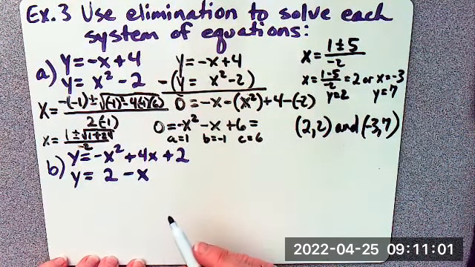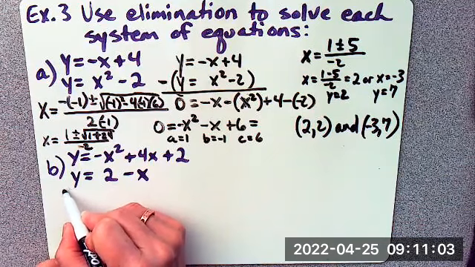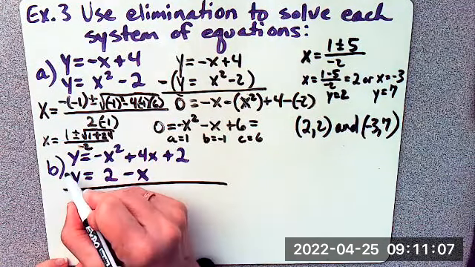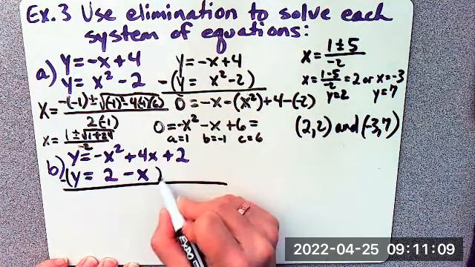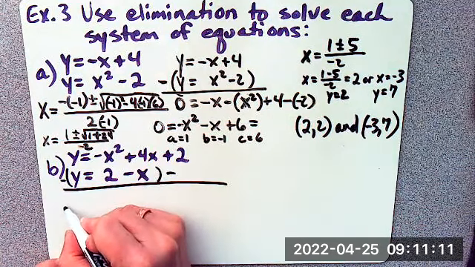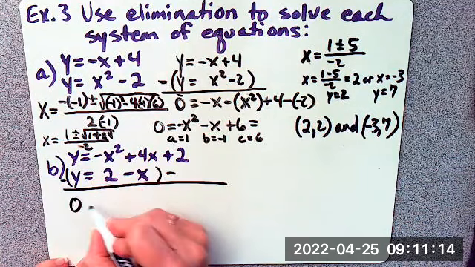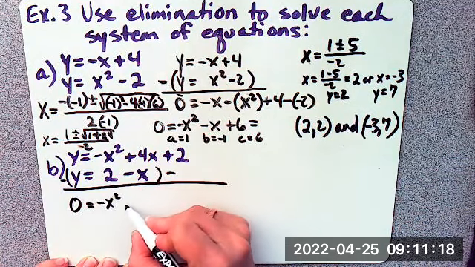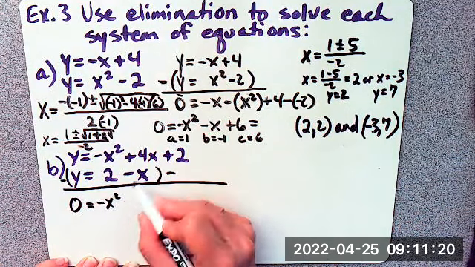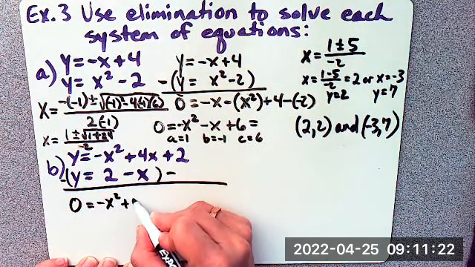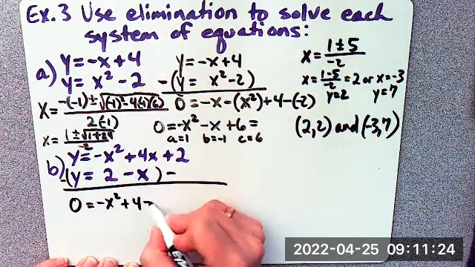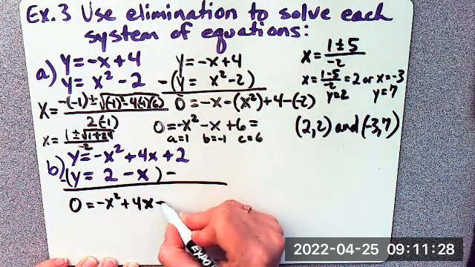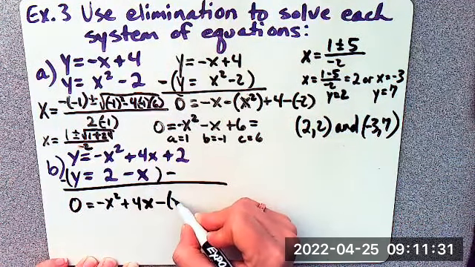All right, let's try this one. Hopefully we won't run into any more no solution issues, which are not true. So we're just going to subtract this from the top. So we have y minus y is 0. Then we have -x squared plus 4x. Then I've got the negative, that's 4x, negative here, -x.